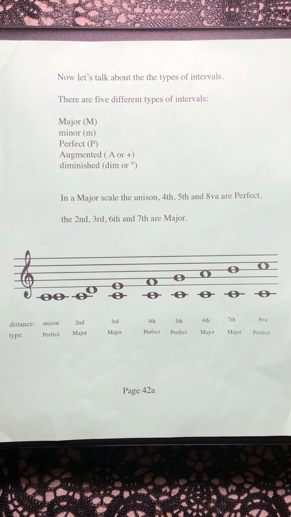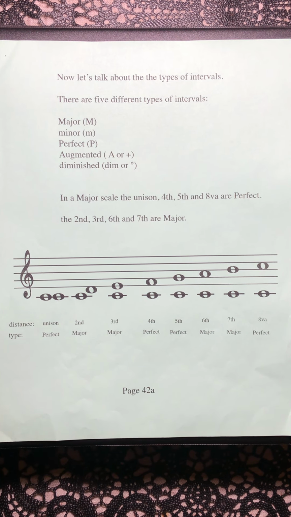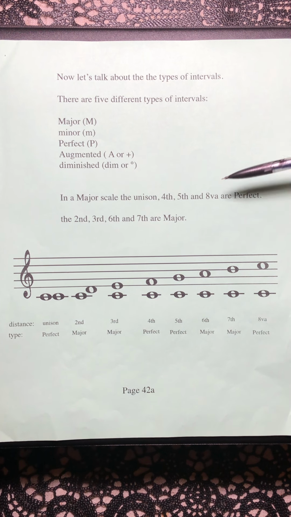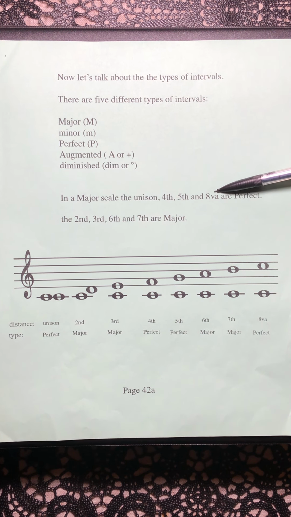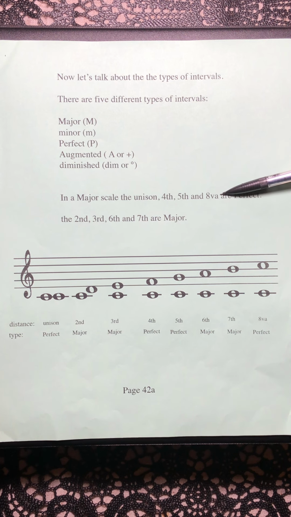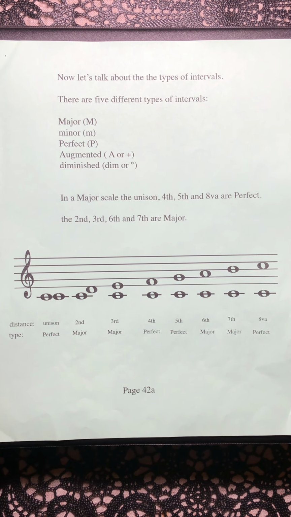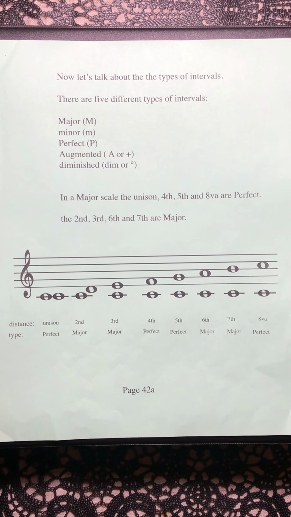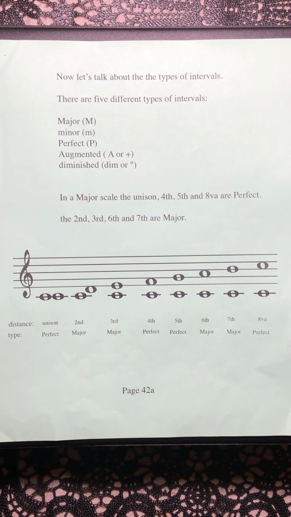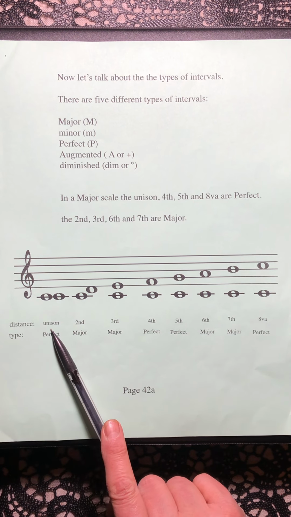In the major scale, the unison, fourth, fifth, and octave are perfect. And just note that we abbreviate octave 8va. The second, the third, the sixth, and the seventh are major. Let's take a look at the distance.